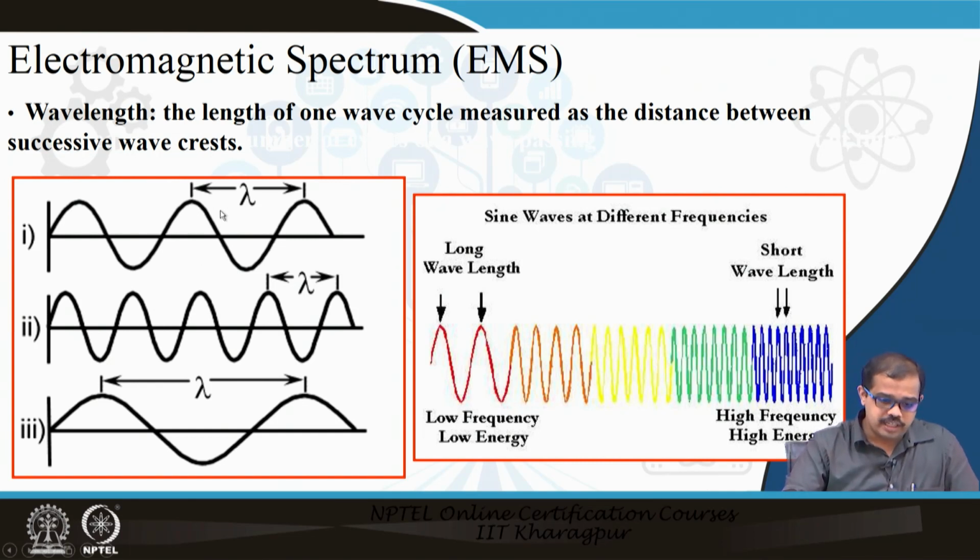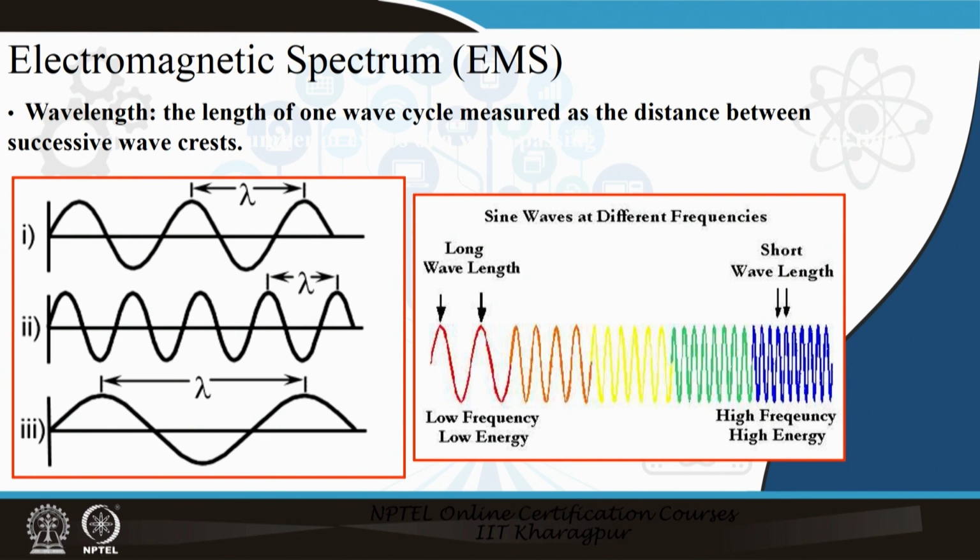The distance between successive crests, or between successive troughs, is called the wavelength. The number of cycles passing a particular point in time is your frequency.